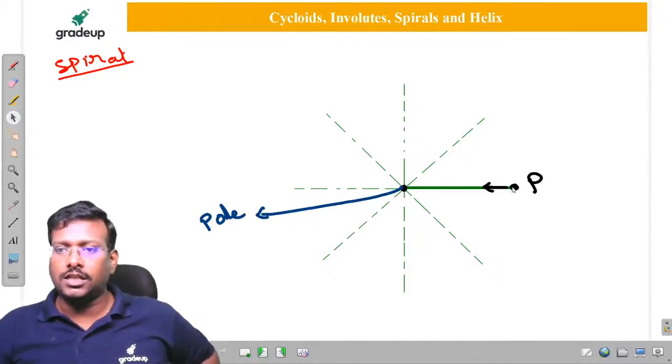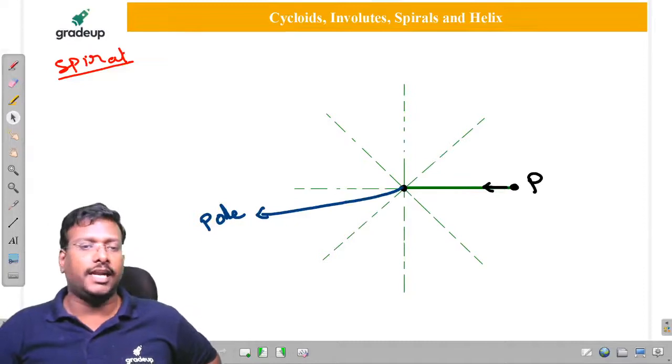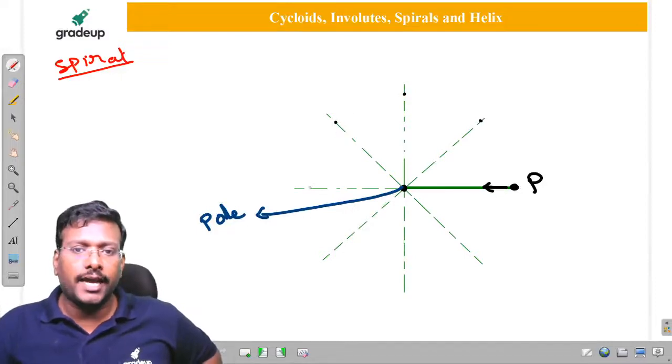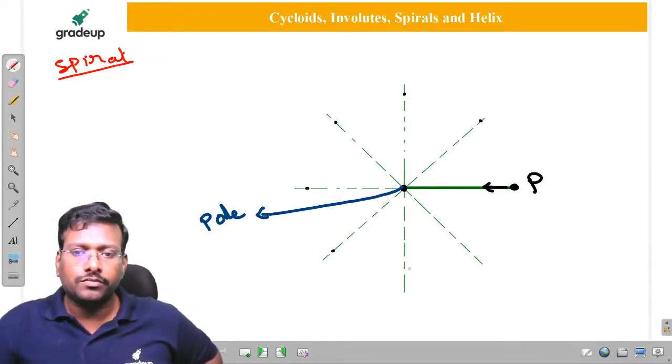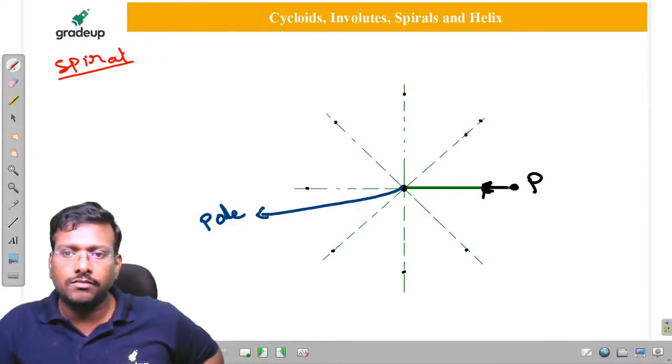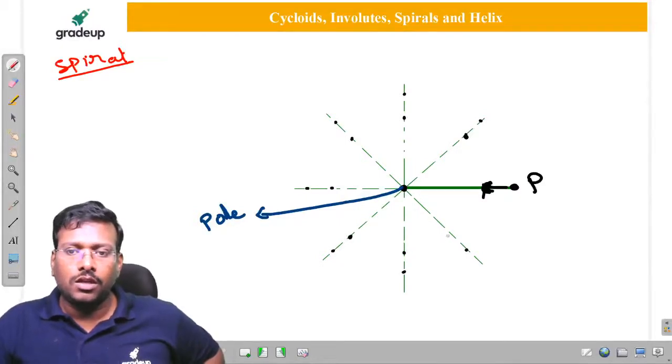Let us consider the point P is moving towards the center. Then what are its various positions? Next it can come to here. After one revolution, it can reach this. All of you observe the various positions of it.